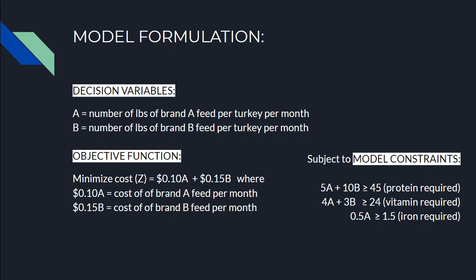Okay? So, ang constraint natin dito is, ang kailangan nating requirement na ma-meet is at least 1.5. Okay? So, malamang dahil wala si brand B ng iron, definitely makukuha natin yung iron ay kay brand A. So, doon pa lang kita na natin kung bakit kailangan yung mixture ni brand A and ni brand B.